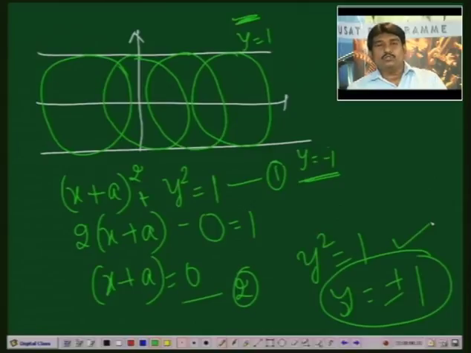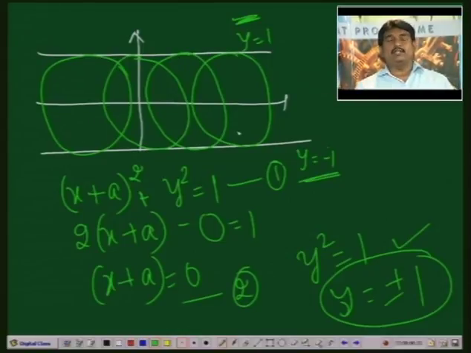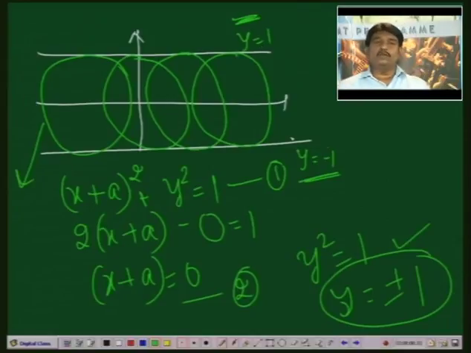So y equals to 1 and minus 1, in what way are they related to the singular solution? You can see, all members, all possible circles form the general solution. One particular member forms a particular solution, and these two lines are the singular solution of the differential equation.